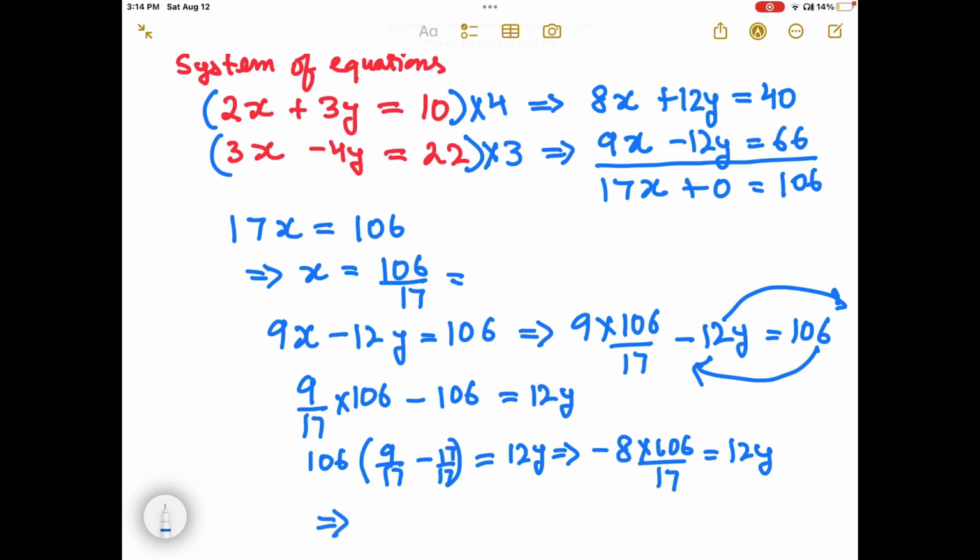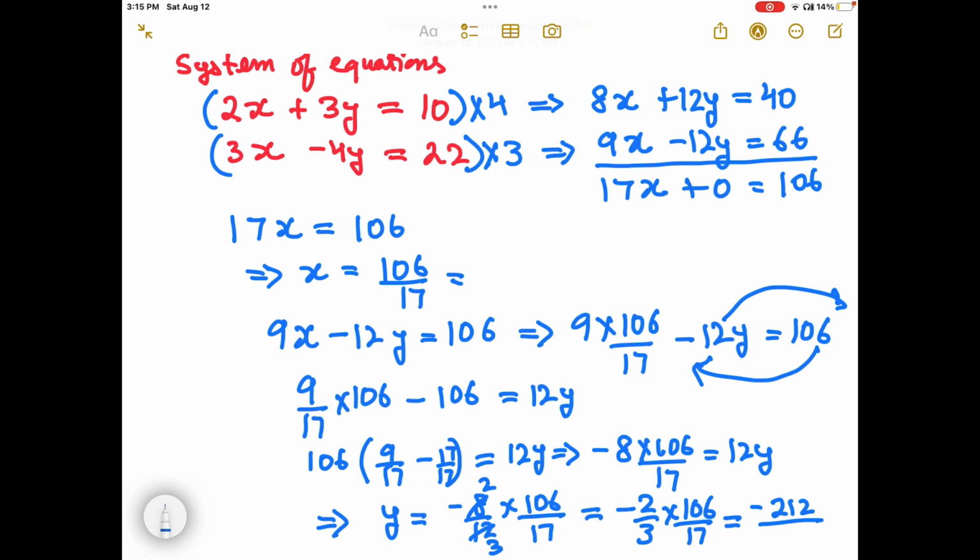Divide by 12 on both sides, and we get y is equal to minus 8 by 12 times 106 divided by 17. Simplifying this, 8 and 12 can be simplified. We can divide by 4. 4 times 2 is 8, 4 times 3 is 12. So minus 2/3 times 106 over 17, and at the bottom, 51. So this is the answer.